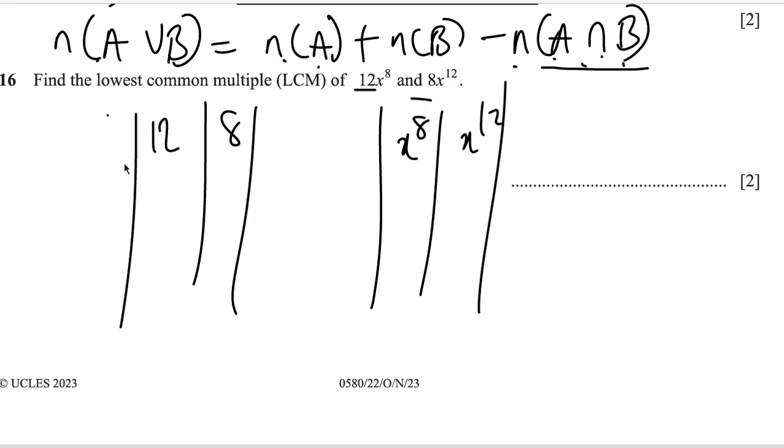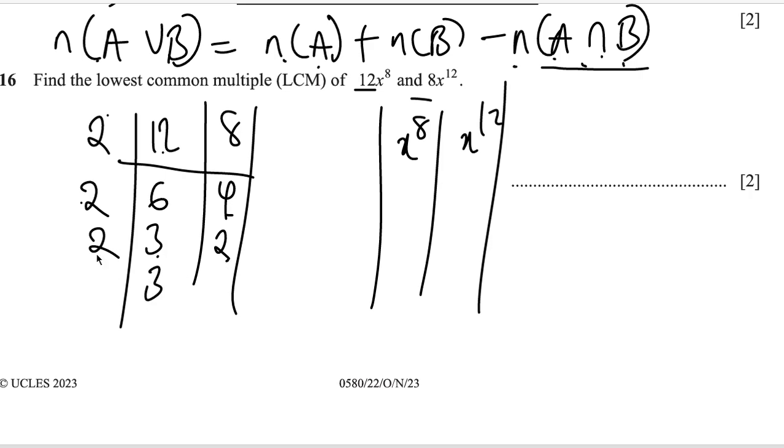So looking at 12 and 8, if we get the LCM of this, the lowest number that could go is 2. So 12 divided by 2 is 6, 8 divided by 2 is 4. 2 could still go, right? So 6 divided by 2 is 3, 4 divided by 2 is 2. So 2 could go again. But since 3 cannot be divided by 2 perfectly, we bring down 3, and 2 divided by 2 we have 1.